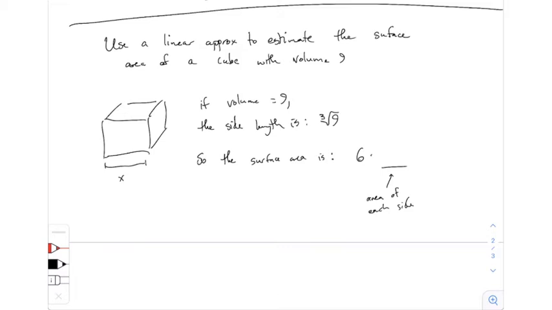So length times width, yeah. What would that be in this case? This side here is the cube root of 9, and it's a cube, so all the sides are the same.